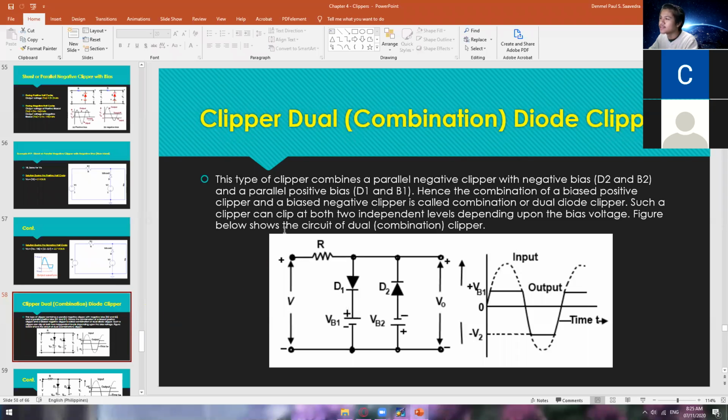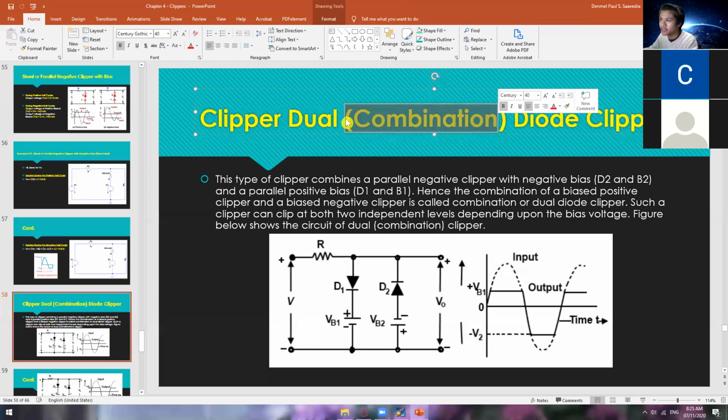But anyway, it seems there's really no question. If you have a clarification or question, feel free to ask me anytime, okay? So the last topic is the clipper dual combination, or dual diode clipper, or we call this one combination.